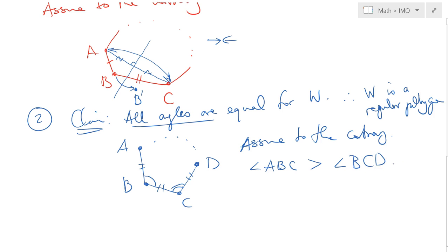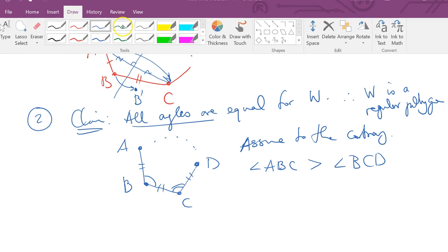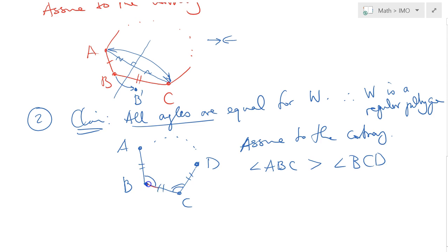But then this time, if I focus on the perpendicular bisector of say BC, the perpendicular bisector will definitely switch B and C, which is good. However, it will not switch A and D, right?